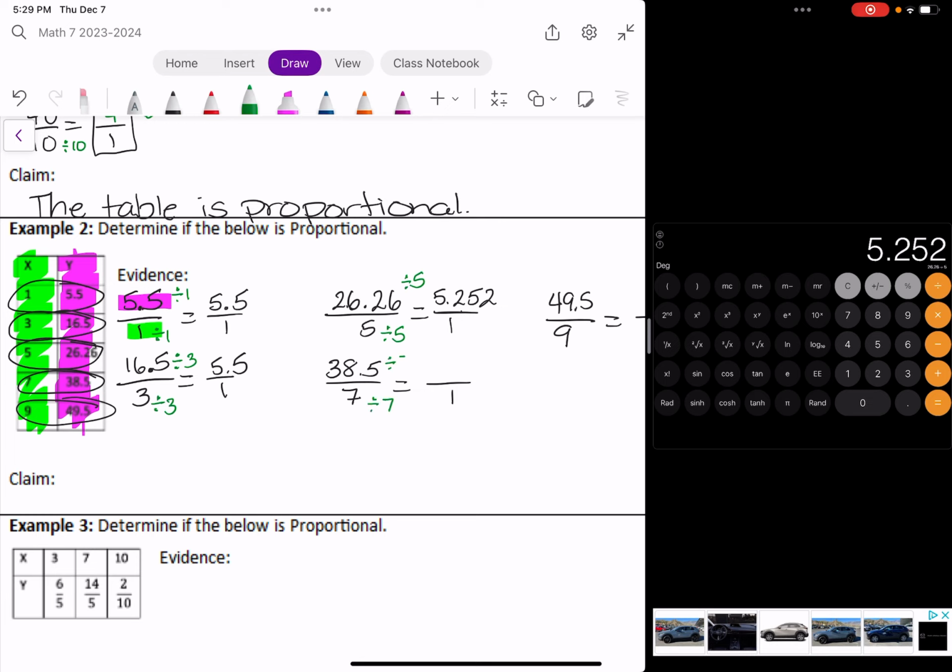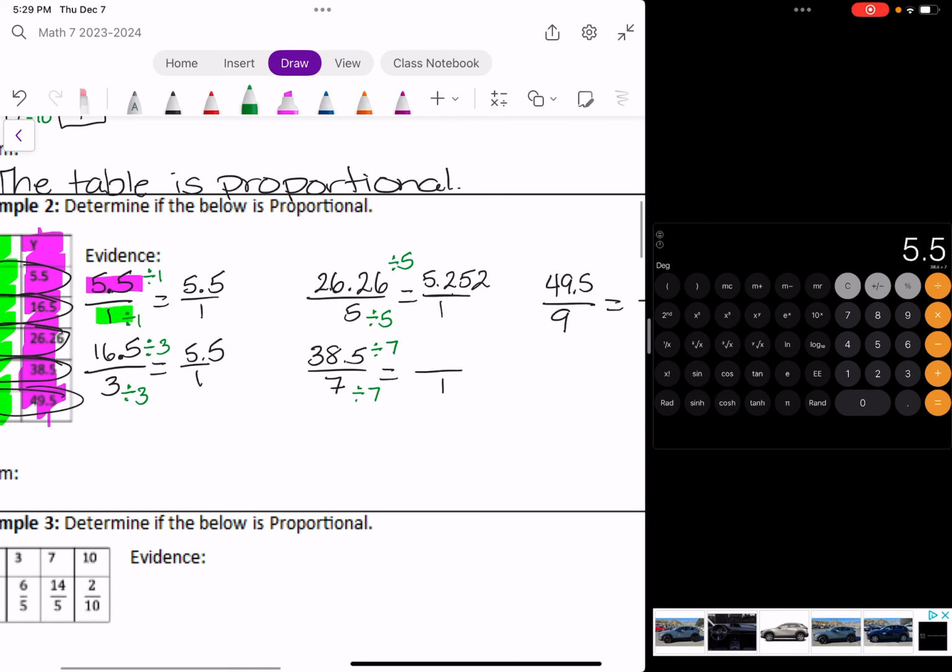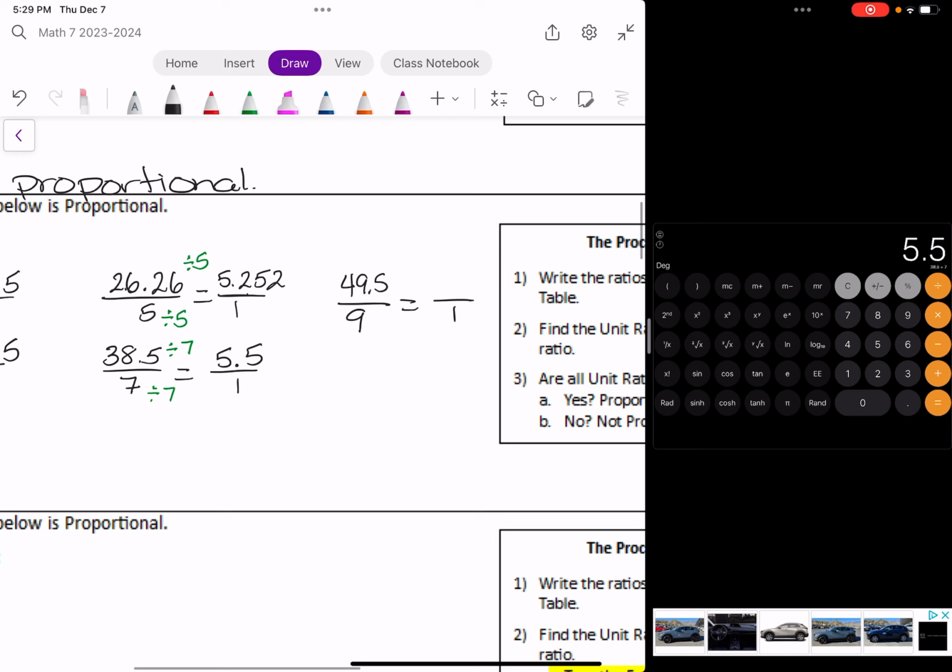So do that to the top. And 38.5 divided by 7 is 5.5. And last one, 9 divided by 9 is 1. Do that to the top. 49.5 divided by 9 is 5.5.